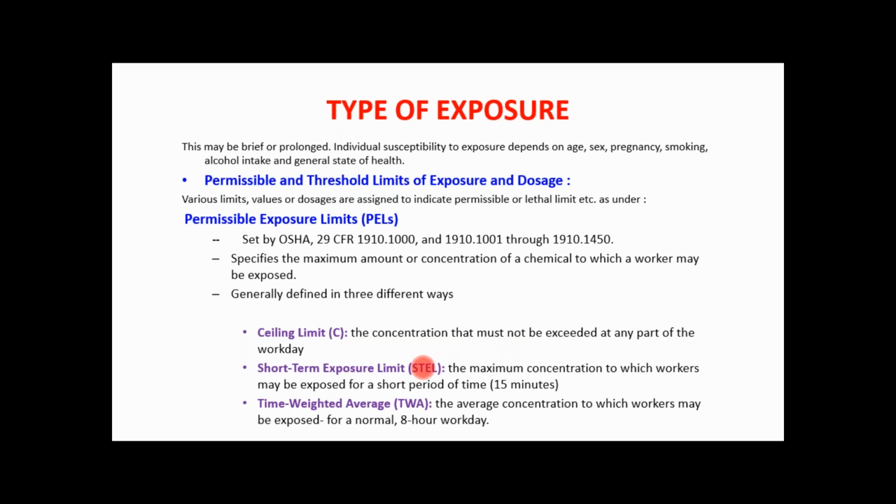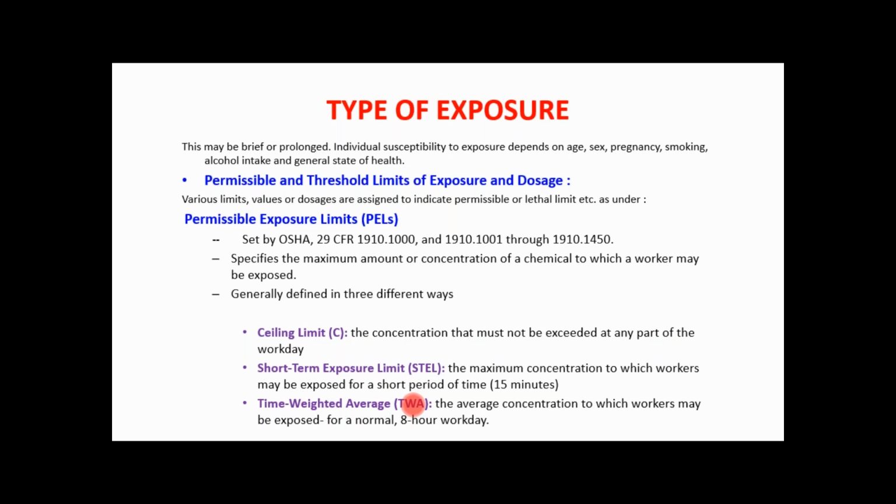The second one is the STEL value, called the short term exposure limit, that is for 15 minutes. It is the maximum concentration to which workers may be exposed for a short duration of time, that is 15 minutes.